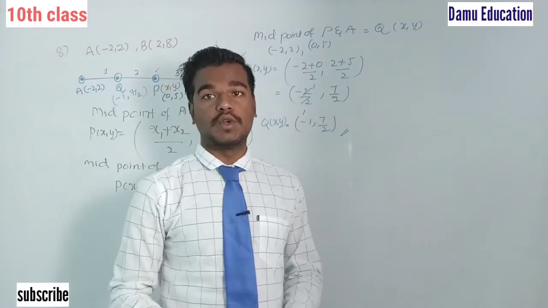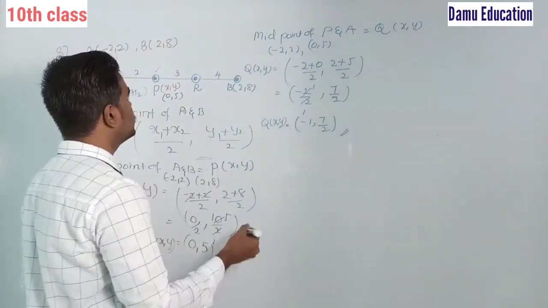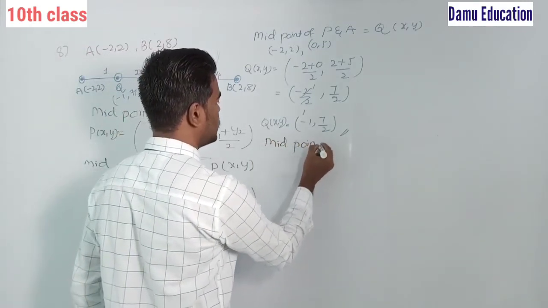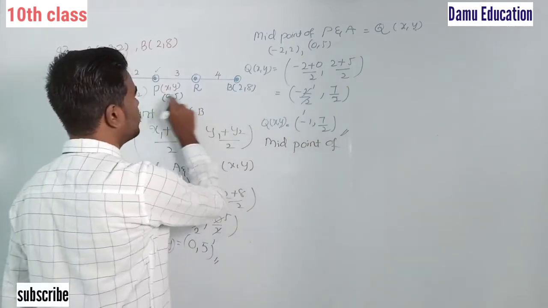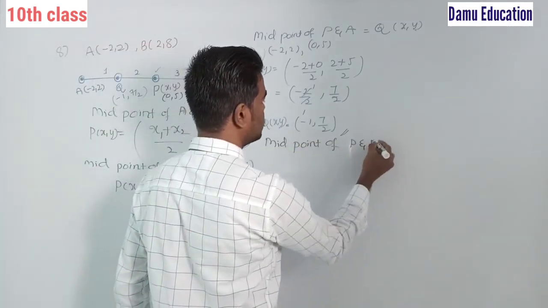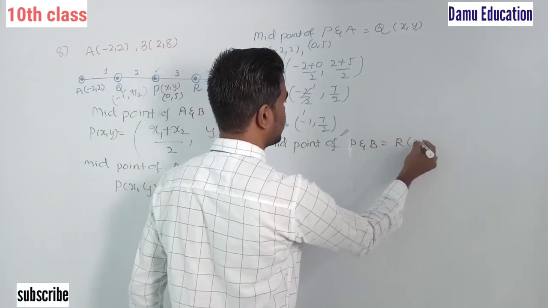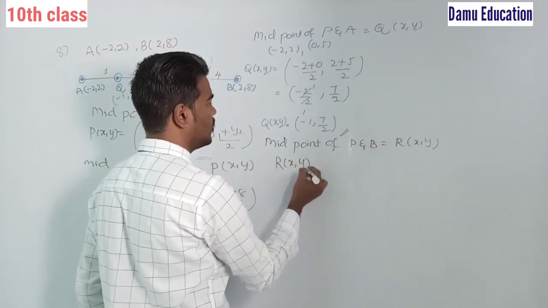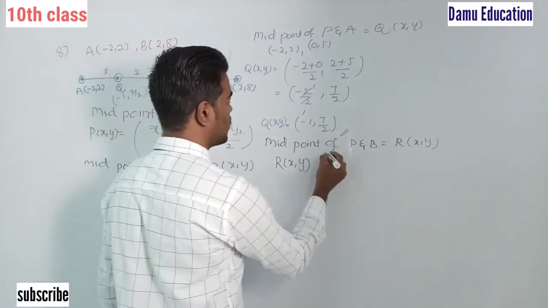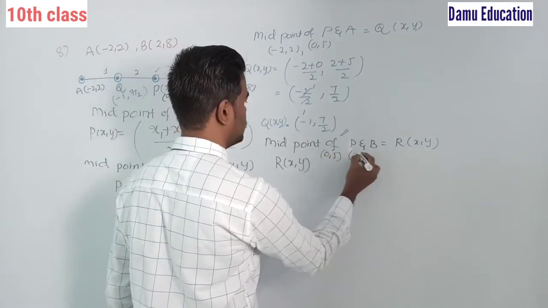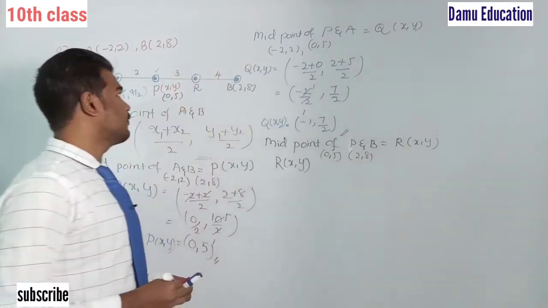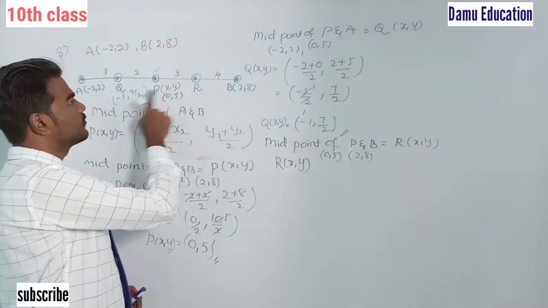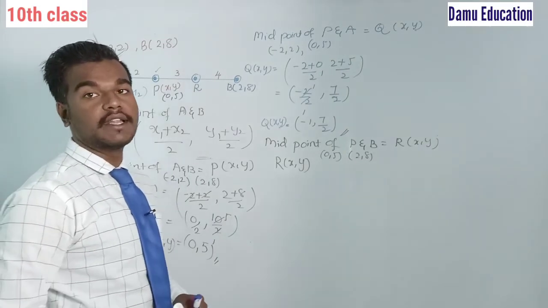What is our last one? The midpoint of P and B. That will be equal to R of x comma y. Here P is 0 comma 5 and B is 2 comma 8. It is the midpoint of only P and B. Don't confuse it with the midpoint of Q and B; it's not like that.